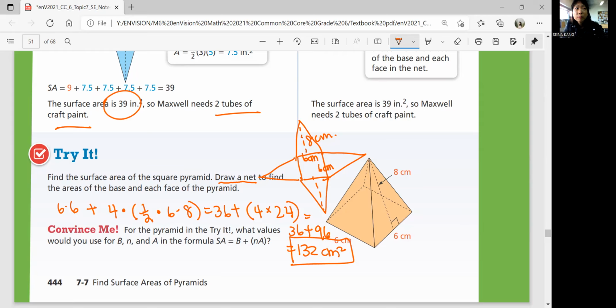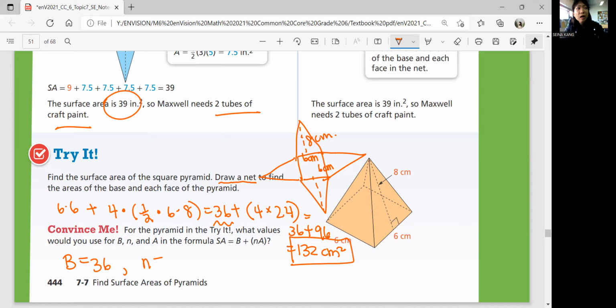So let's look at convince me. For the pyramid in the triad, what values would you use for B, capital B, the area of the base, and how many faces do you have, N, in the formula for the surface area? So the area of the base is 36 square centimeters, right?